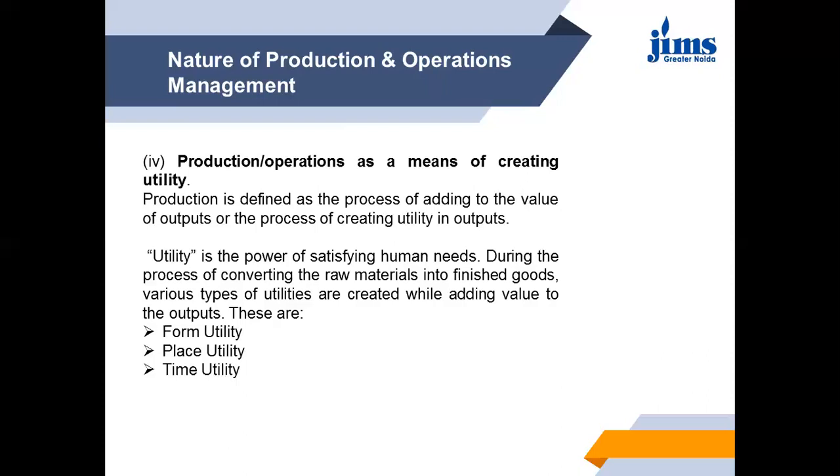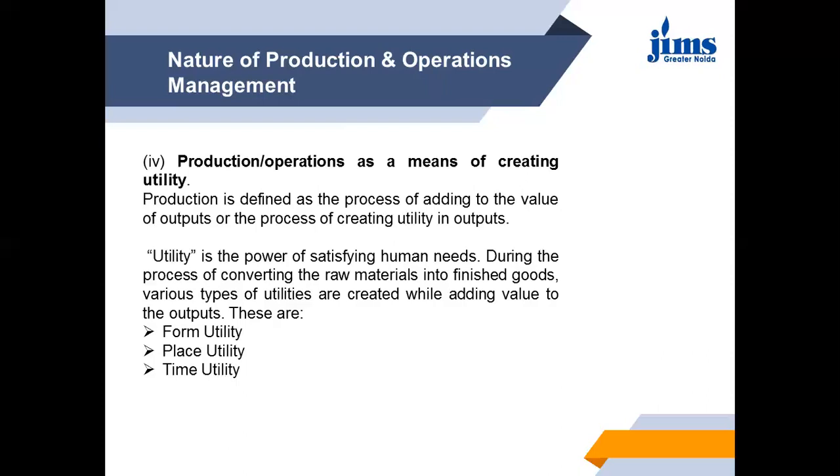Now from there, they have to reach the markets so that they can be bought by the ultimate consumers or customers. So the transportation function of production and operations management deals with the physical movement of goods or commodities from the factory or warehouses to the markets where consumers or customers can go and buy directly.